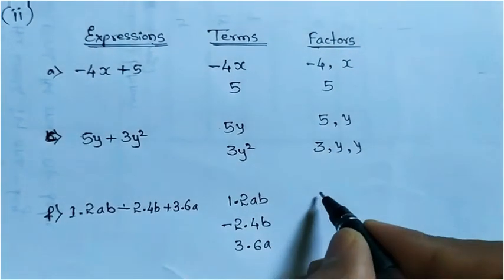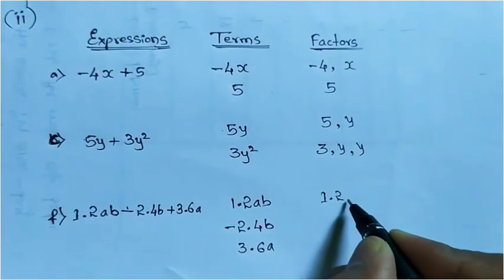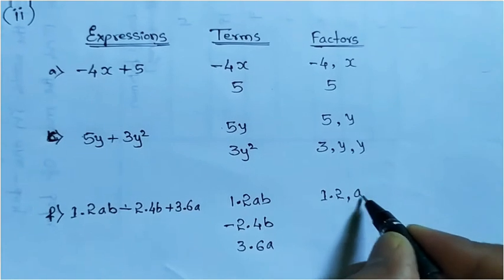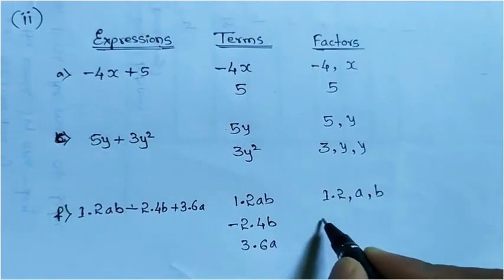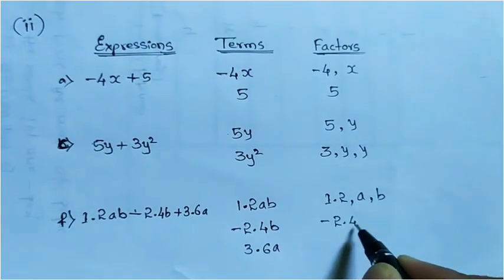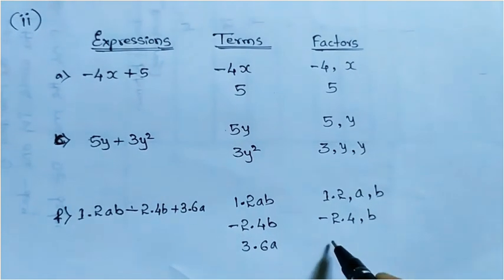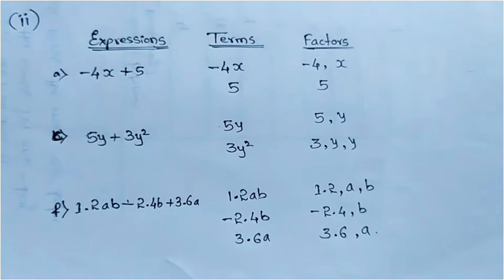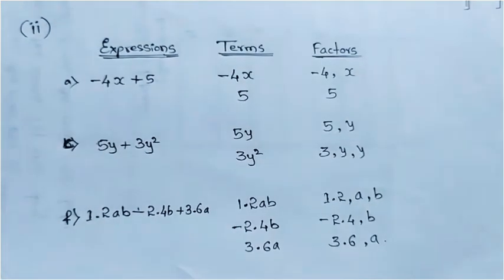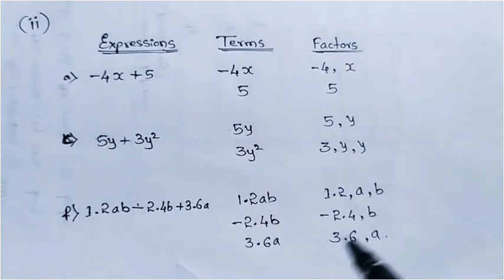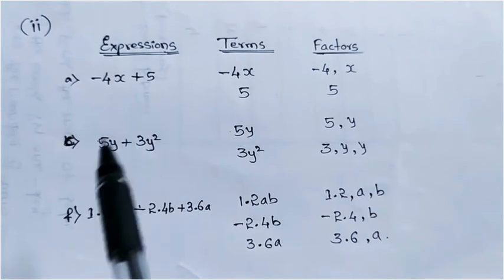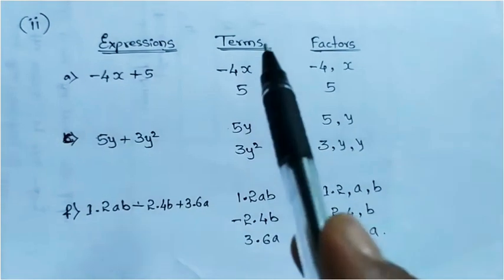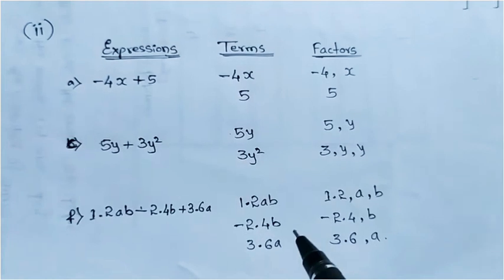The factors are 1.2 comma a comma b, minus 2.4 comma b, and 3.6 comma a. So you have to do a table for this solution and write the expressions, terms and factors separately and neatly.